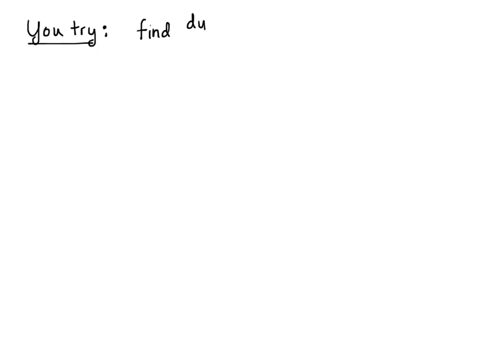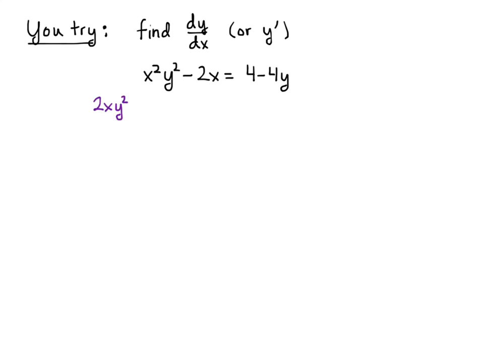Okay, so try another one, a little bit harder. x squared y squared minus 2x equals 4 minus 4y. Okay, so product rule. We take the derivative of x squared, which is 2x, and multiply it by y squared.